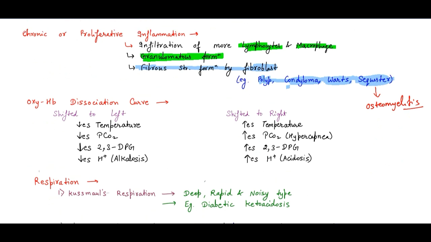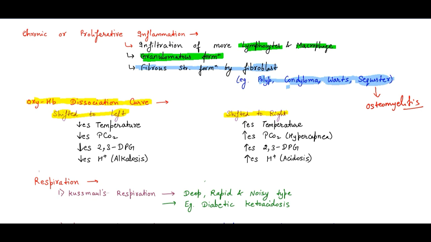Then the oxygen hemoglobin dissociation curve. Okay, you don't need to remember much. Remember, shifted to the left and shifted to the right. When you follow the right path, always go up. When you follow the left or the wrong path, always go down.